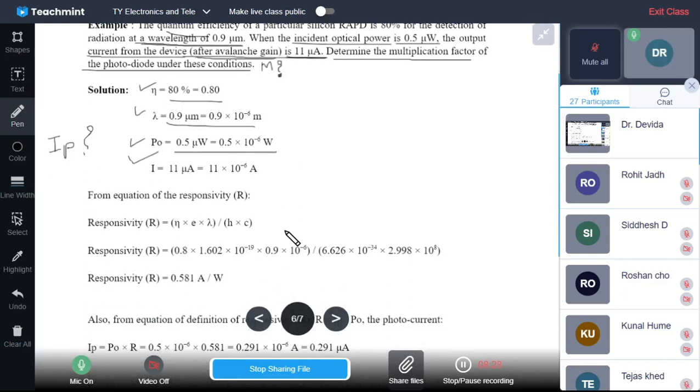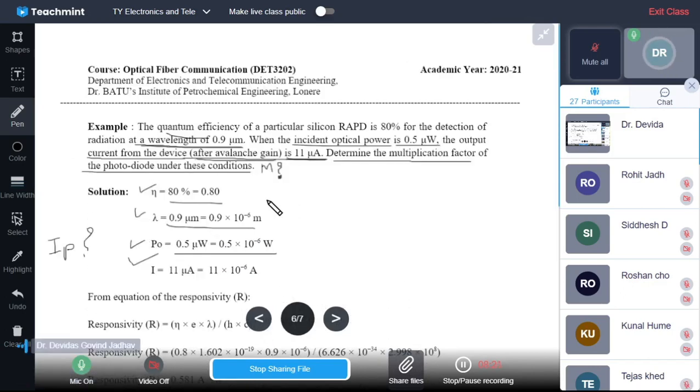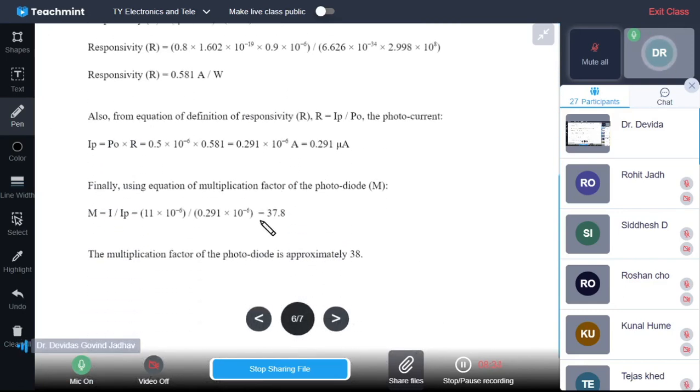What we have to calculate is the multiplication factor. The multiplication factor equation is I upon IP. I is given, IP is not given.